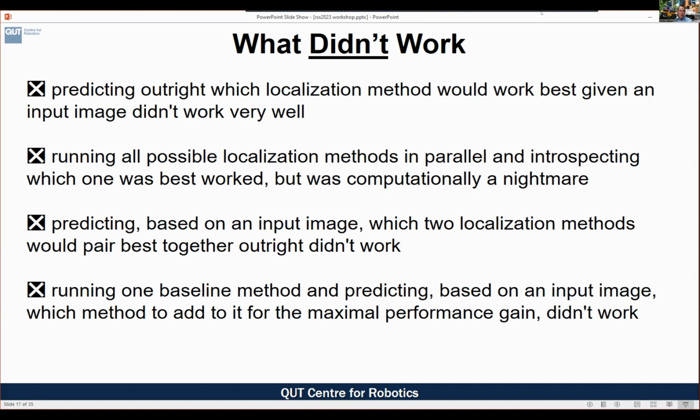Another method we tried was predicting based on the input sensory input the pair of localization methods that would work together best. That did not work as well. And the other thing we tried was running a baseline method and predicting based on the input image, so the sensory input of the robot, which additional method to add to it to improve performance. And that did not work as well.